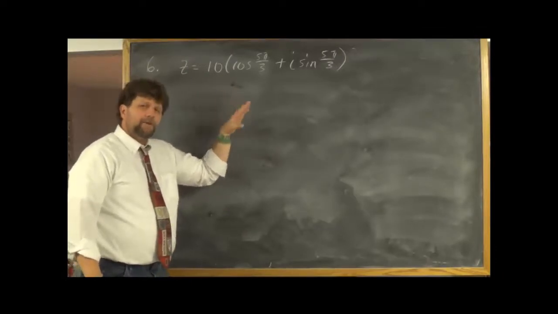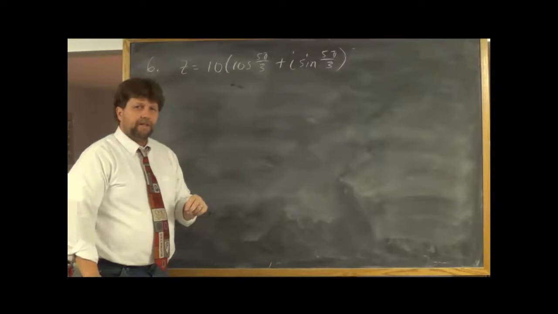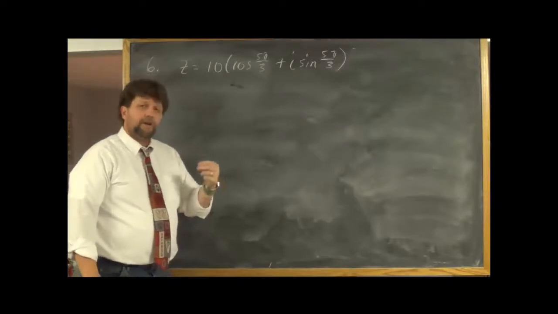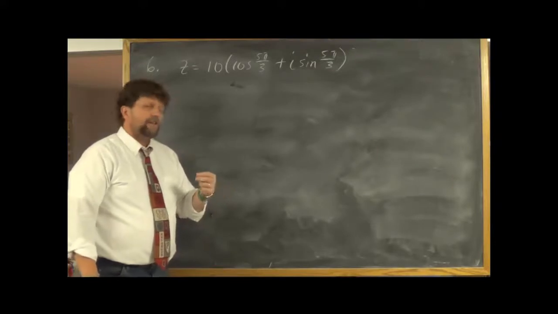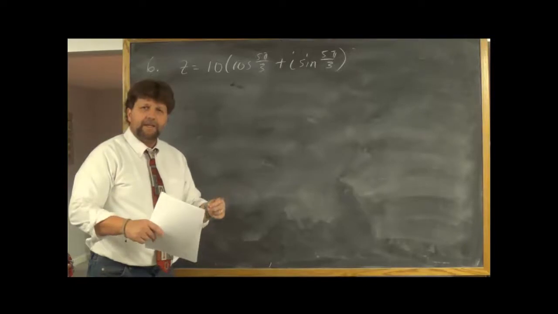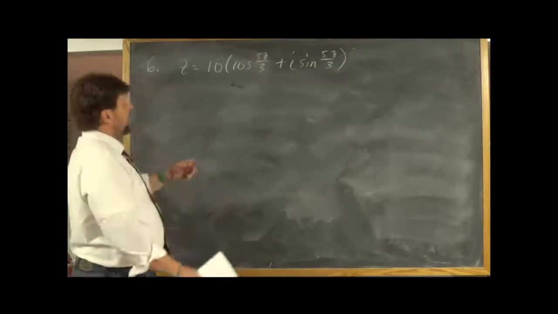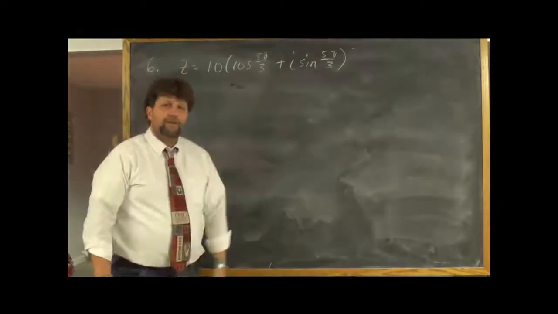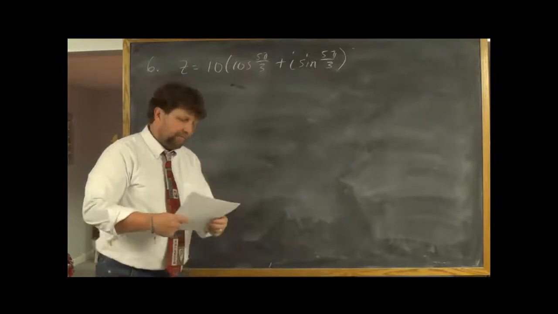Some people call it the trigonometric form, but your textbook calls it the polar form. I'll call it the polar form, because it takes us back to the idea of polar coordinates. In any event, you want to convert it to rectangular form.